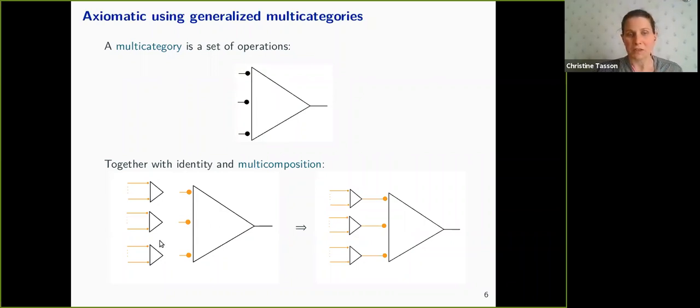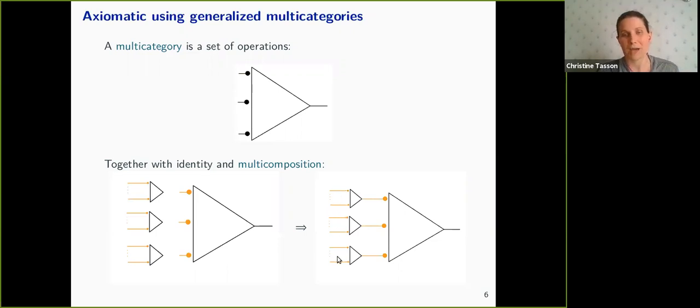And the multi-composition works like this. I have a sequence of inputs here that I will substitute with a sequence of operations. And what I get is only one operation. So here, notice that I have a sequence of inputs. And at the end of the day, I have just a sequence of inputs.